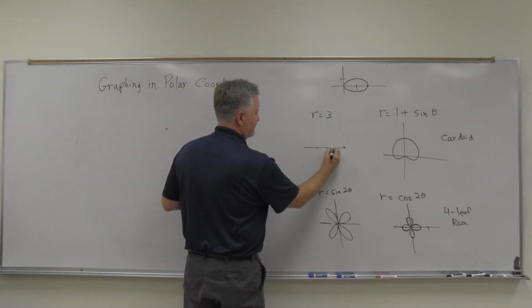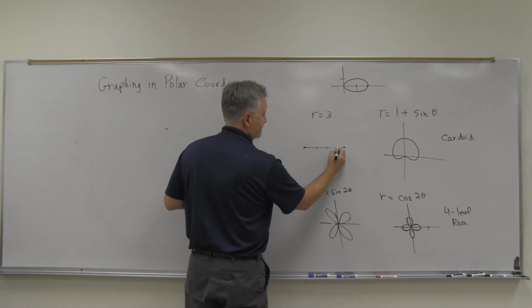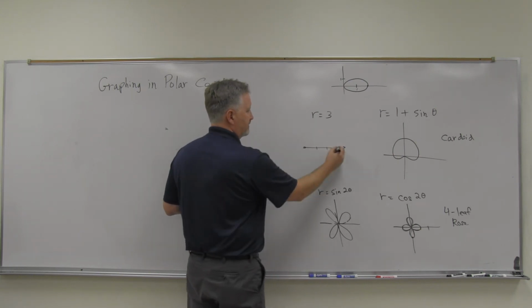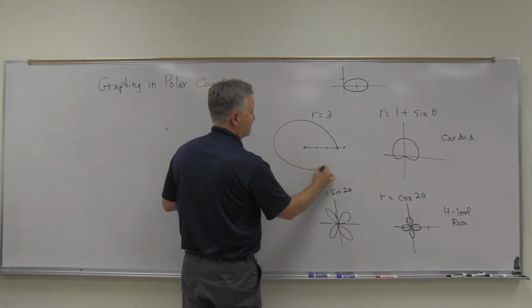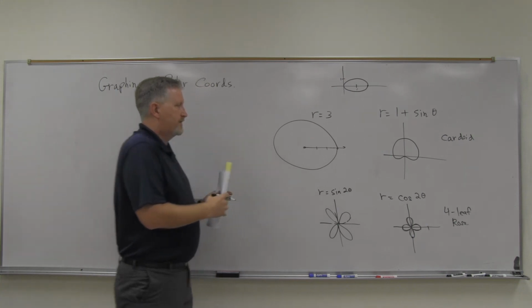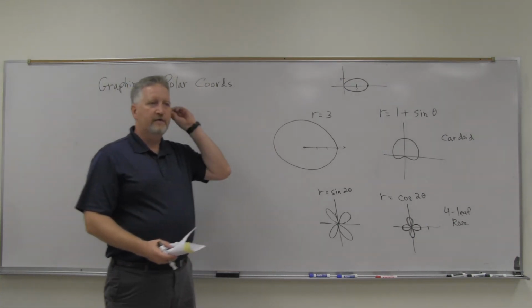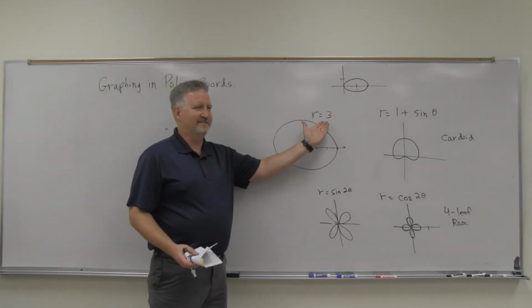So you've got 1, 2, 3. For whatever angle, R is 3. Isn't that just going to wind up being a circle? Yeah. So R equals 3. That's one thing polar coordinates are good for. It's good for circles because it's a very simple equation. R equals 3.